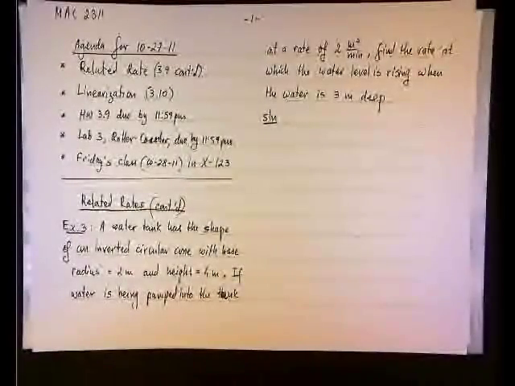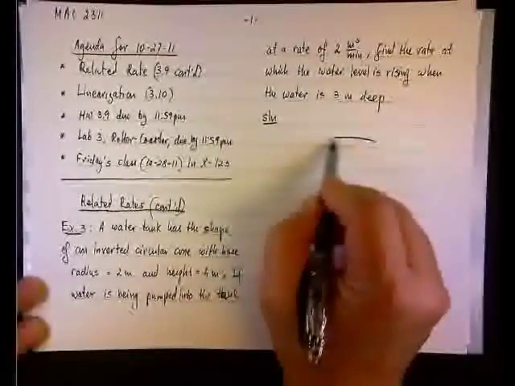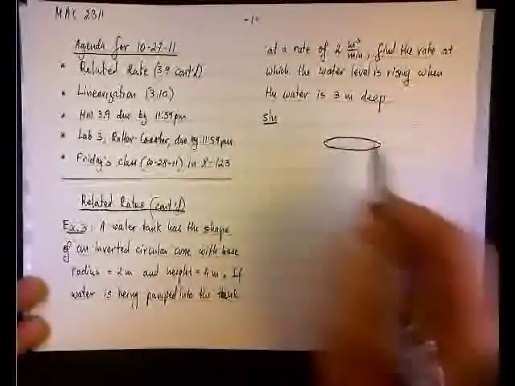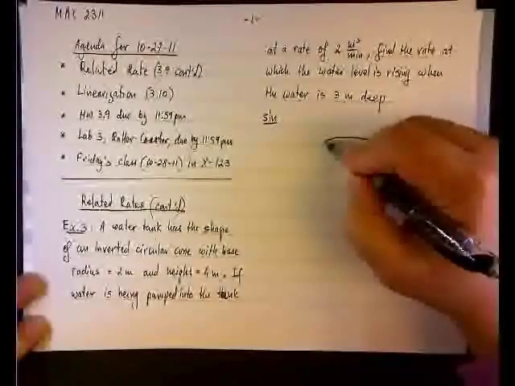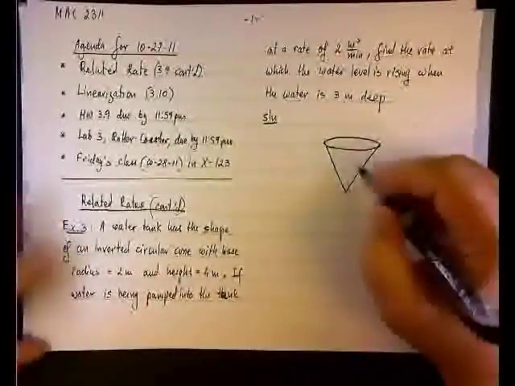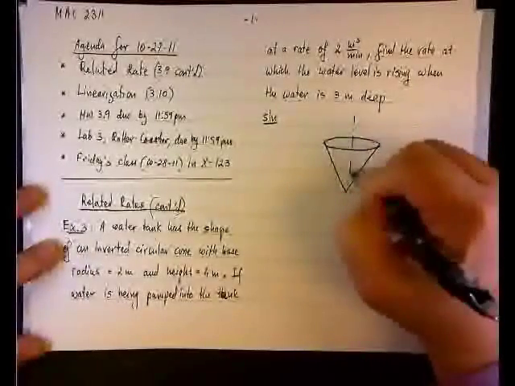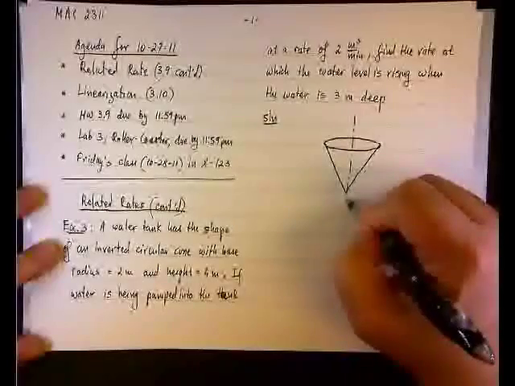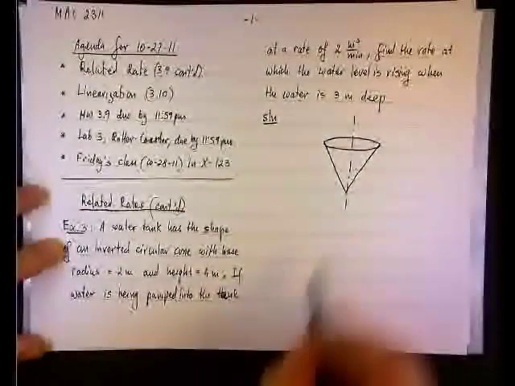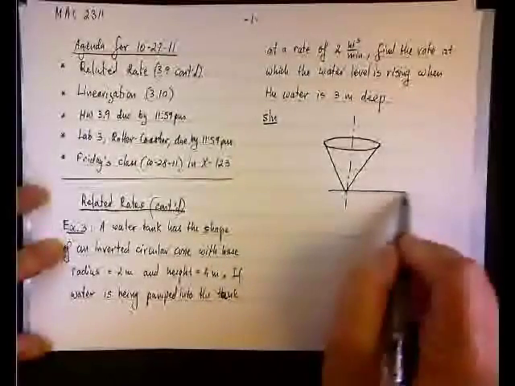And to figure out what's going on, you always want to start with a little sketch. And here you can use a little bit of imagination. And this is the tank, so to speak. And here's the axis of the tank. And I'll place my coordinate system at the bottom.